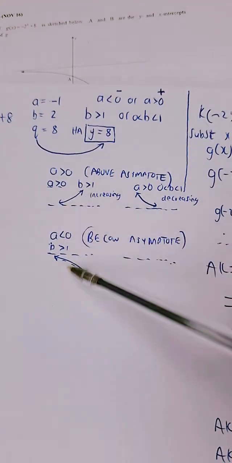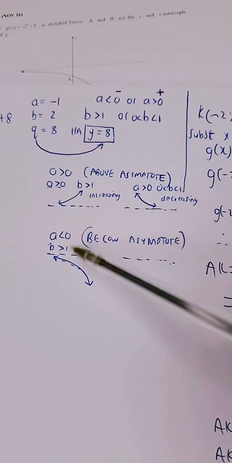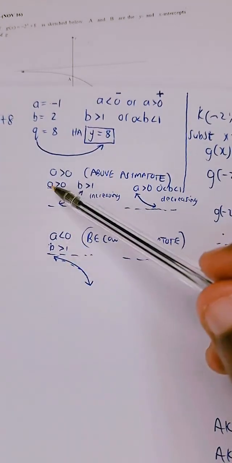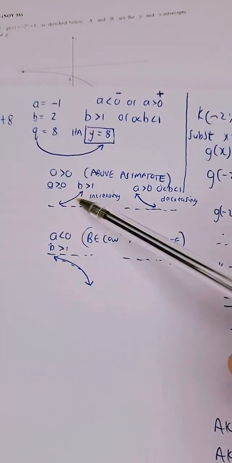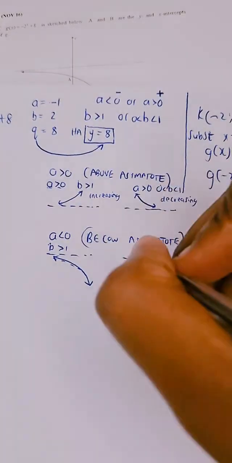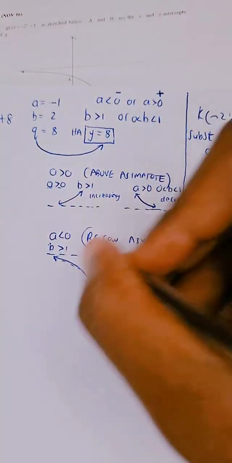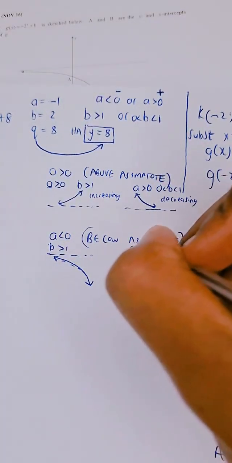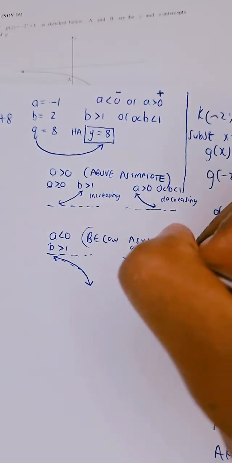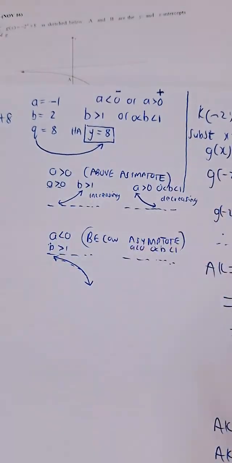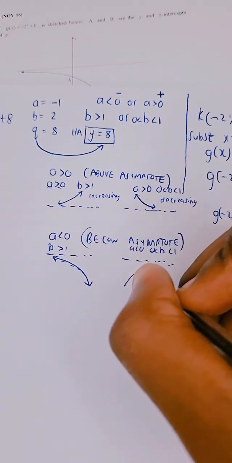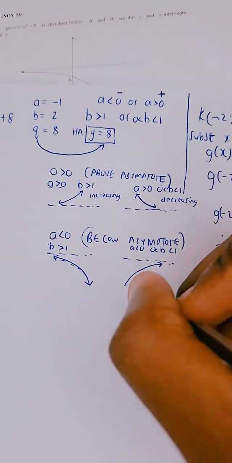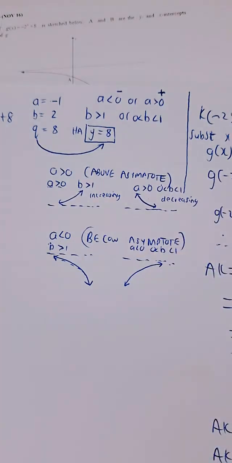So these are mirror reflections of each other. b is greater than 1 for both, but because this a is positive and this a is negative, they reflect. Okay. Then here, a less than 0 whilst b is between 0 and 1. So once again, what do you expect here? This function is below the asymptote, but it is increasing.